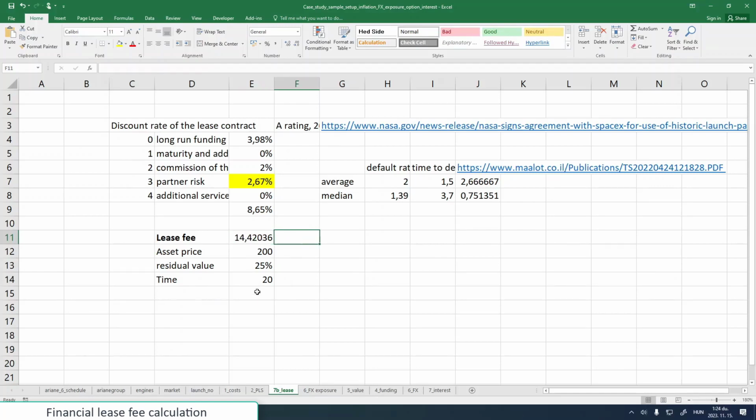So if we convert it to a percentage and compare it with the asset price, 7.2% is what we should pay, which is related to this money. So yeah, now we should integrate this.